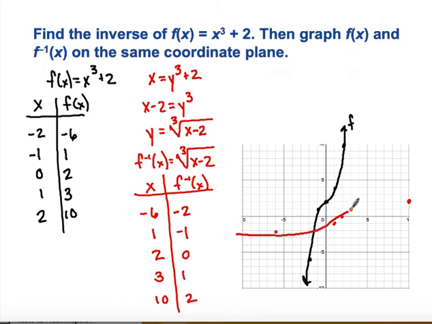I'm going to go ahead and trace those points. This being my inverse function, you should be able to draw that identity line and see the reflection from my original to my inverse. And that is how you graph your inverse functions of a cube to a cube root.